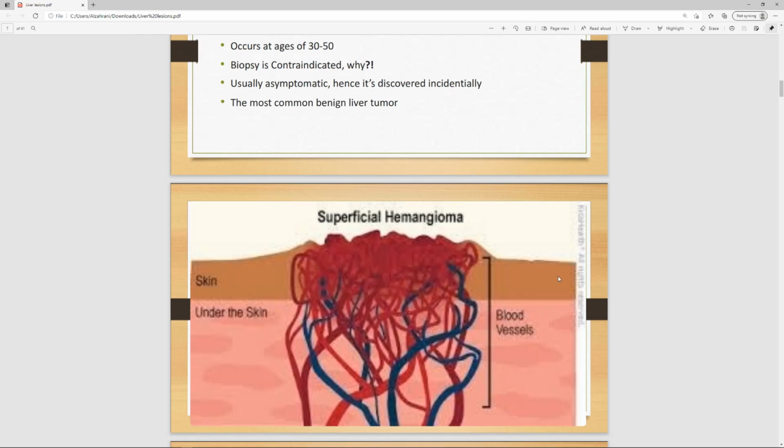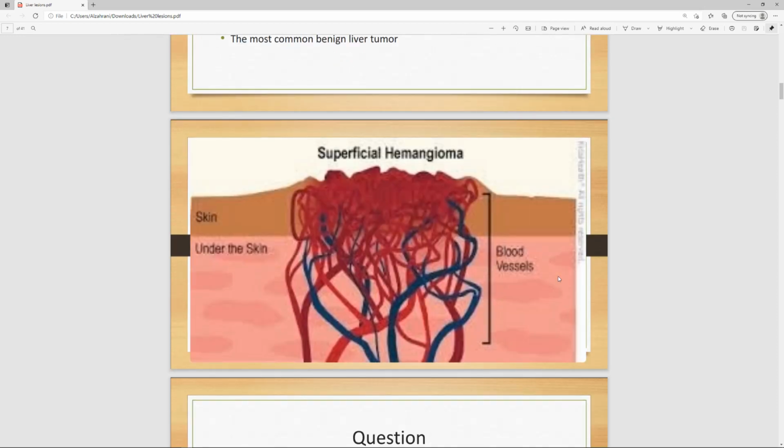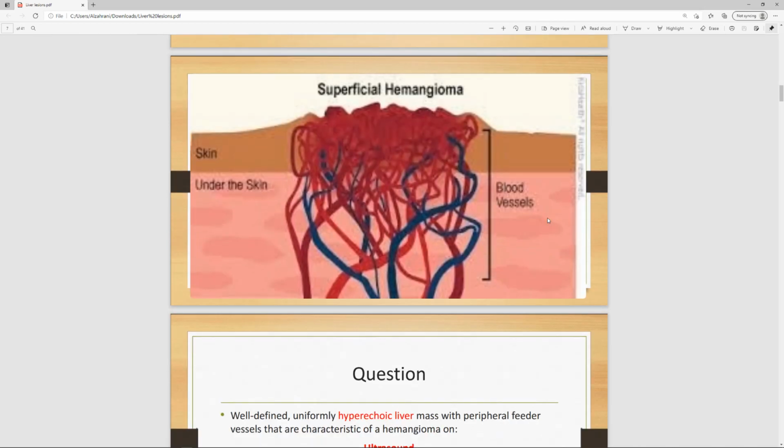These are the same tumors. So that's why biopsy is contraindicated in this condition. Whenever you insert a biopsy needle, you will injure these blood vessels and result in massive bleeding, and eventually maybe you will end up with hemorrhagic shock.